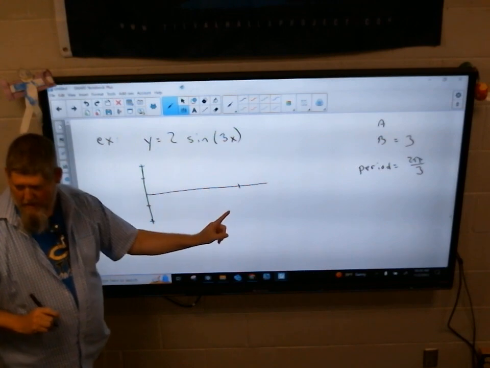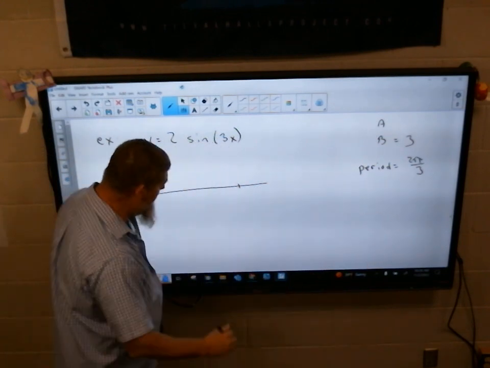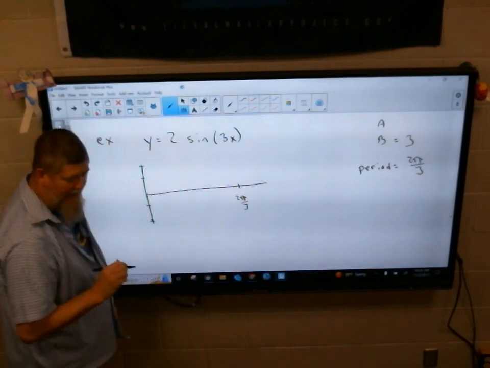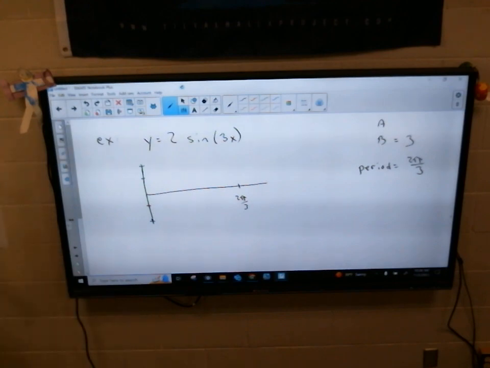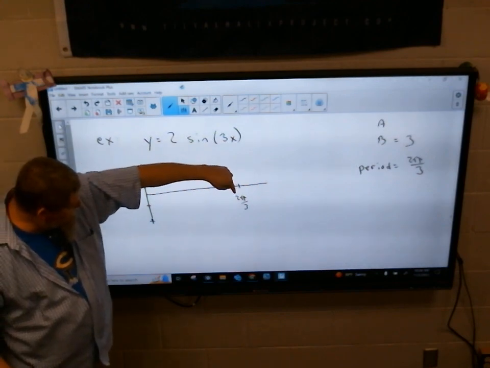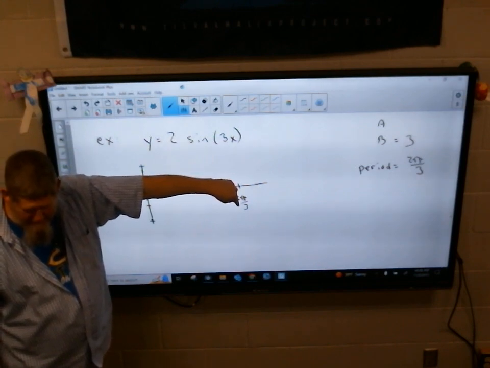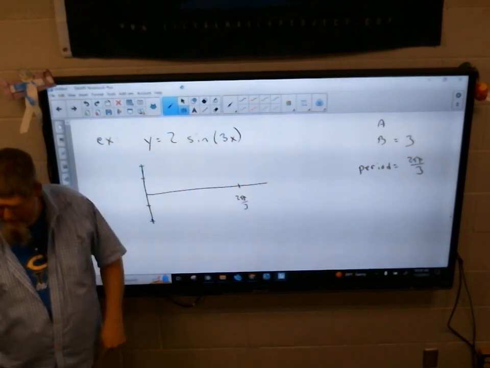It's 2 pi over 3. Because normally I go up and down within 2 pi. But now I'm doing 3 of them, so 1 period is going to be 2 pi divided by 3. Does that kind of make sense? Yes? No? Where did I lose you?